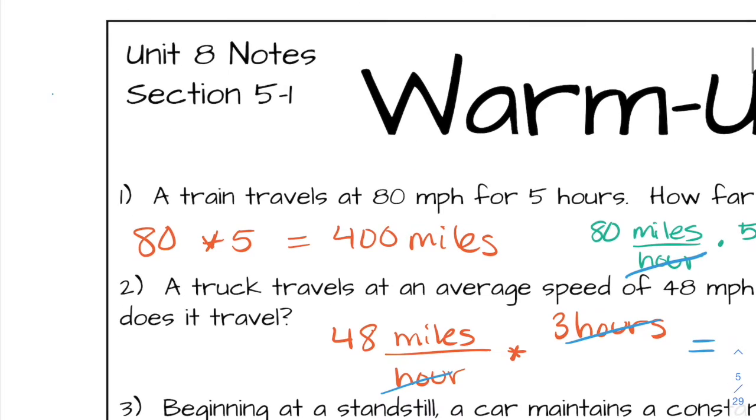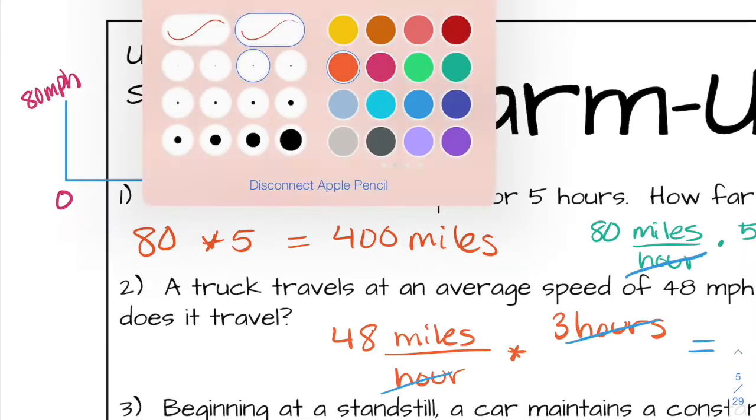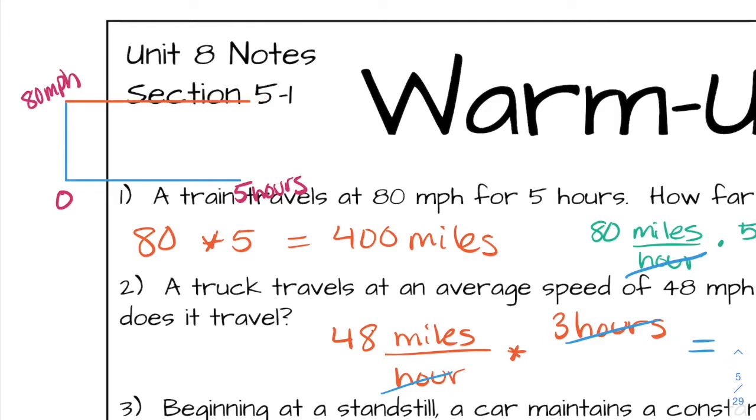Well, if we were to put this on a graph, and I call this hour 0 and hour 5, and I call this 80 miles per hour, and I look at how much area is under this curve, well, that area right there is actually going to be 400 miles.